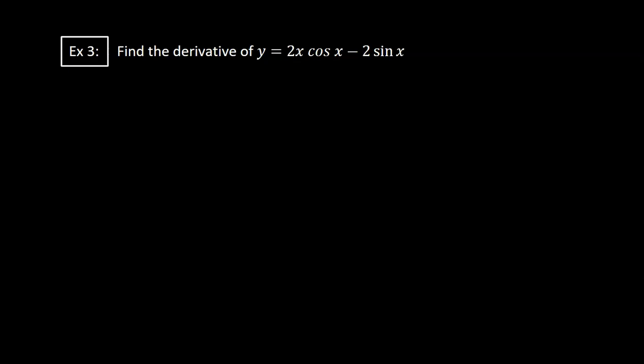Here's one more example. Let's find the derivative of y equals 2x cosine x minus 2 sine x. So we can look at this as having 2 terms. We have the first term, and then we have the second term.